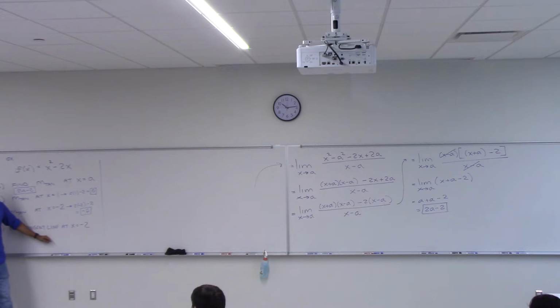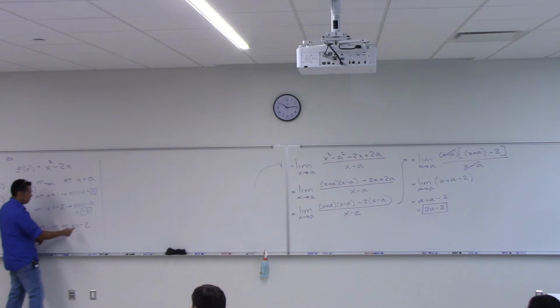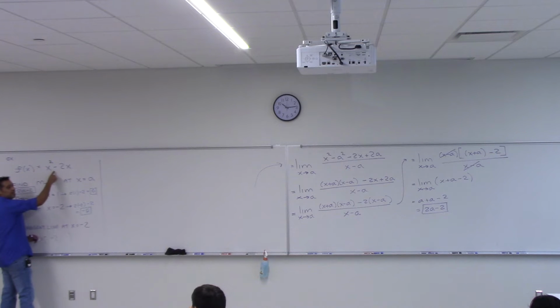Do I have a point on the graph? Well, I have the x-coordinate, don't I? -2. Do I have the y-coordinate of that point? So this is my point. What is it? Careful. We have to plug in -2 here, right?